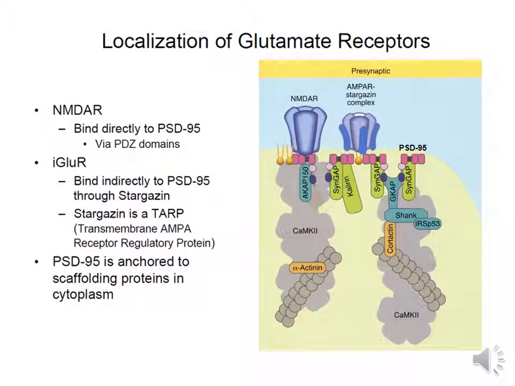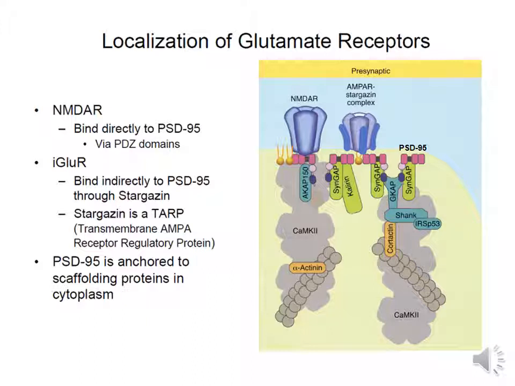And finally, as we also mentioned for the AMPA receptors, the localization of glutamate receptors needs to be very finely controlled, so they are located at the sites of synapses. There is certain lateral diffusion, but they're mostly anchored to the membrane at the PSD by different scaffolding proteins.